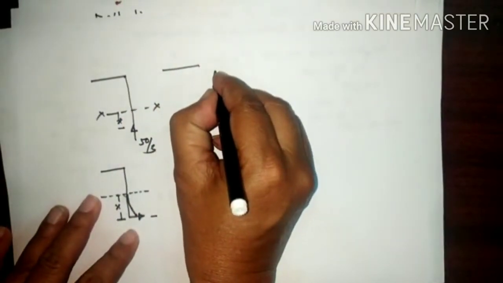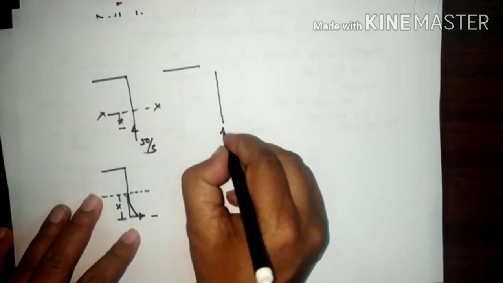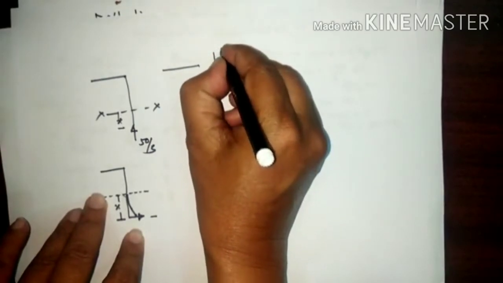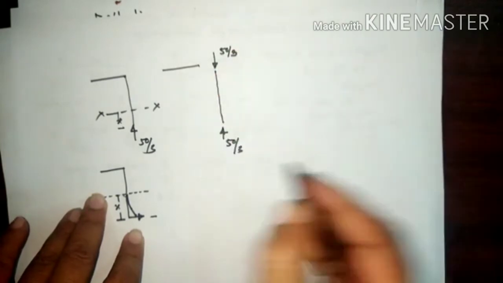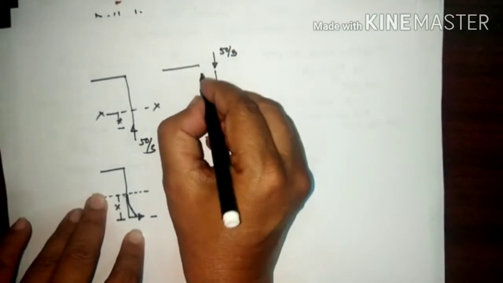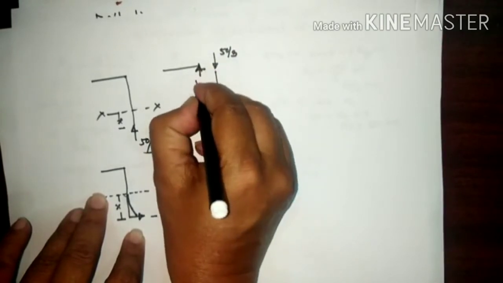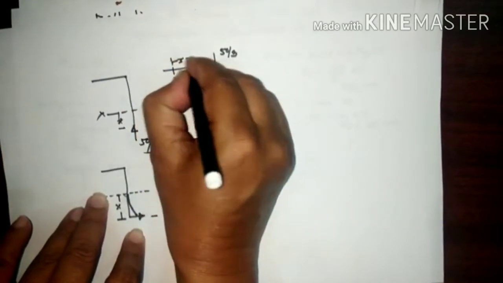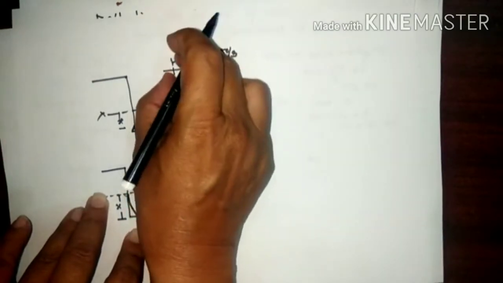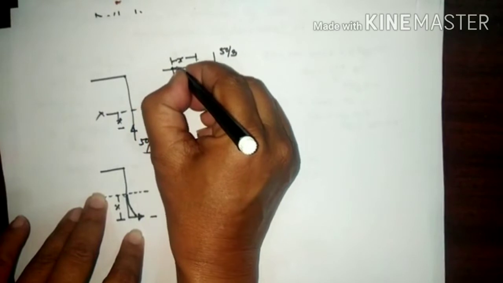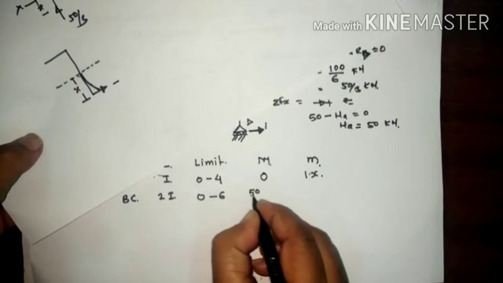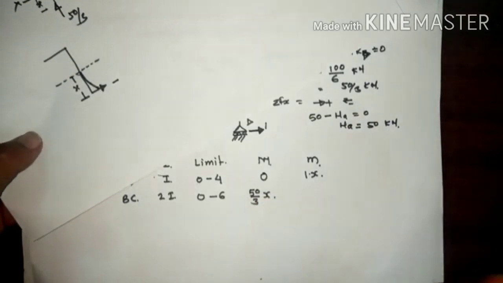If you draw a free body diagram here, this is the force 50 by 3. This is vertically downward, so here there should be a vertically upward force 50 by 3, and this distance is X. So 50 by 3 into X. Now this will try to push this upward like this, so again this creates a sagging bending moment. So this moment is 50 by 3 into X.